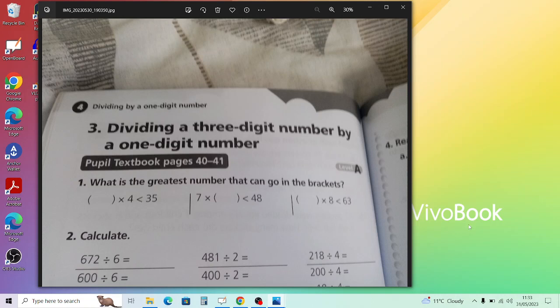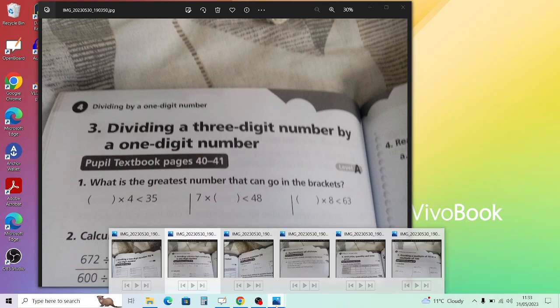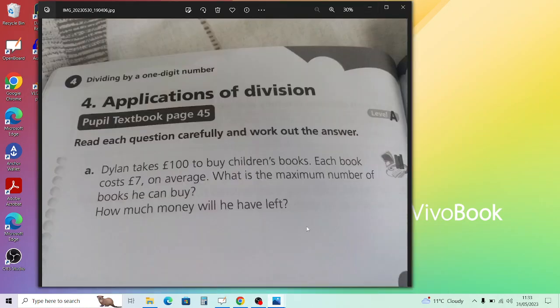And then question 4, which is applications of division. So that is here, and just putting those into application. Which one shall we do? Let's do 4D. My sister has bought a box of 114 flowers.